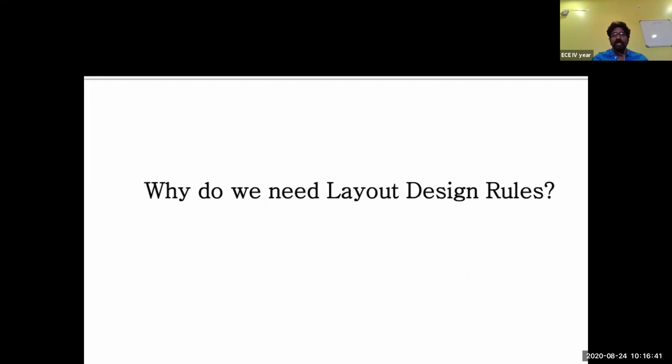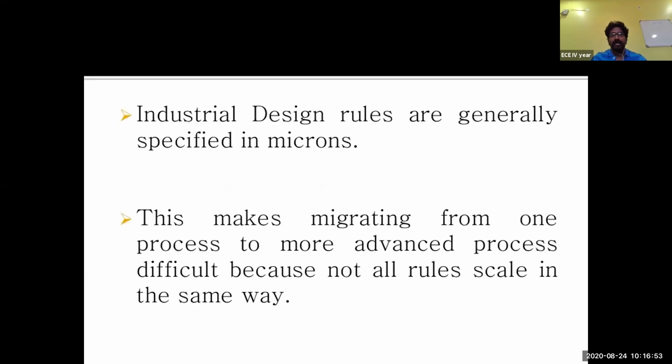So coming to this point now, why do we need layout design rules? In this topic, we'll study the importance of layout design rules. Firstly, the layout design rules are used to specify dimensions in terms of microns. As we have discussed, there are two different types of layout design rules: one is the micron design rule, the other is the lambda-based rule.